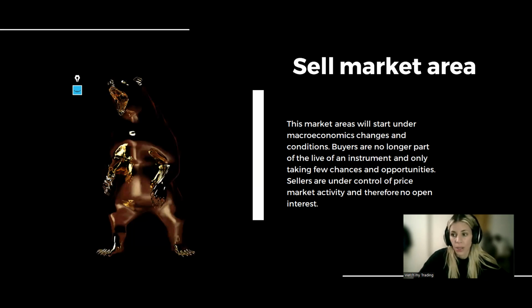In those weeks of war, in interviews and everything, I said we are going to be shorting the euro as much as we can, as long as it takes, because the buyers have nothing to do there.